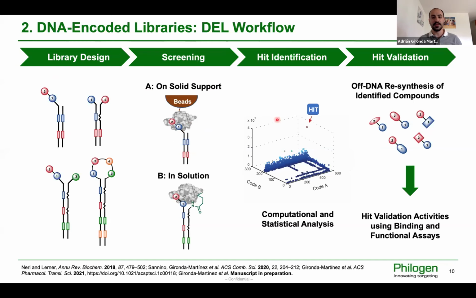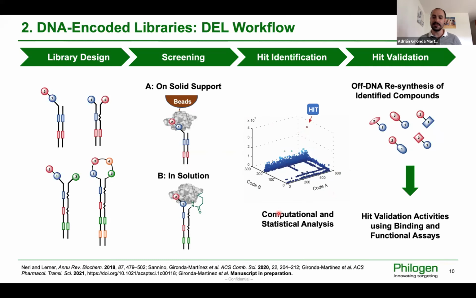As I mentioned before, every single compound can be tracked, because we can amplify the DNA barcode attached to it by PCR and then sequence it by high-throughput DNA sequencing. After that, we always have this type of plot of results, in which we are able to identify different moieties that are enriched in every single screening campaign.